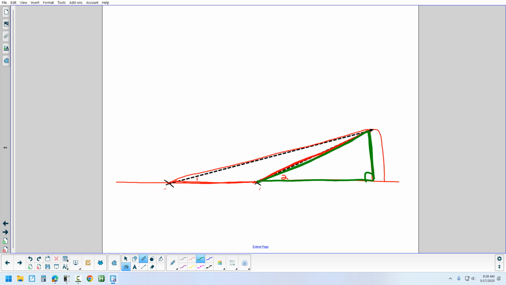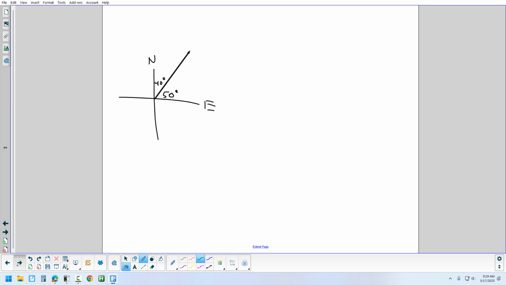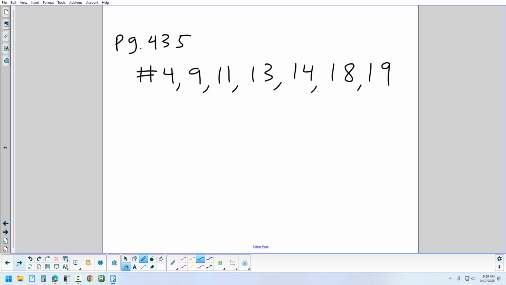Any questions on that? Every word problem comes a little bit different, so it all boils down to making that diagram and then using law of sines to find the pieces of information that you don't know. So I'll let you write that down.